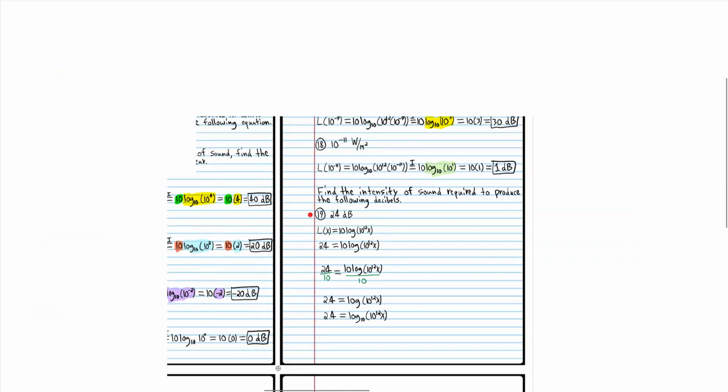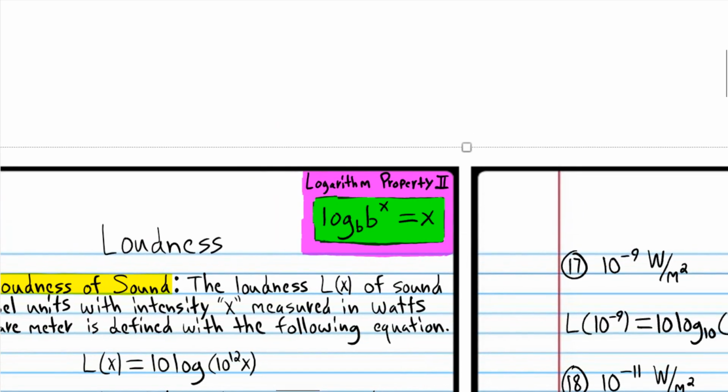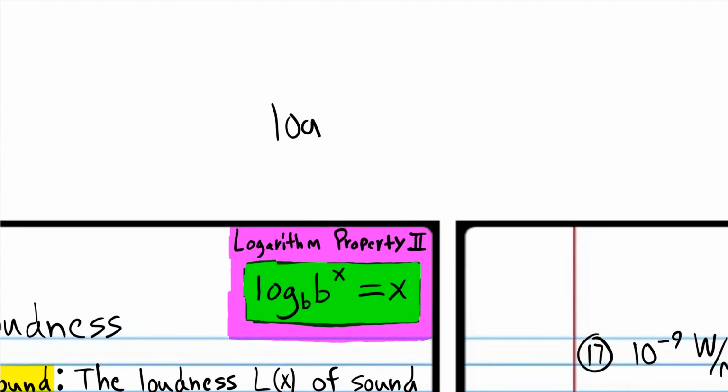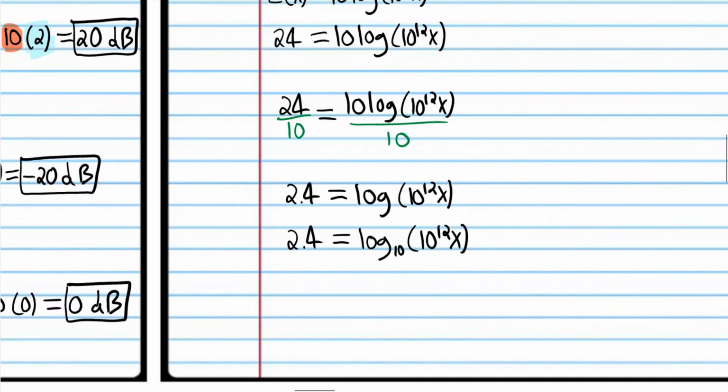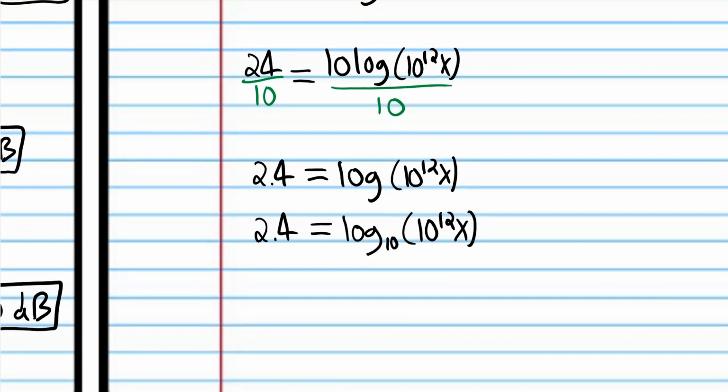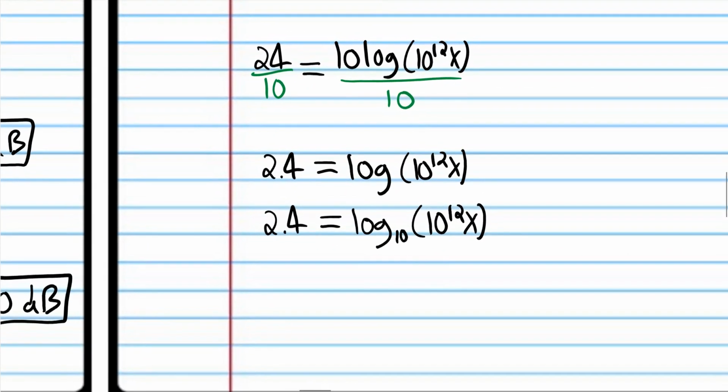We have a property that tells us log base b of b to the x is equal to x, but it does not say that log base b of b to the x times some number, which we'll call y, is equal to x. So we can't do that. So what do we do? Well, there's nothing we can do except translate this to an exponential equation.